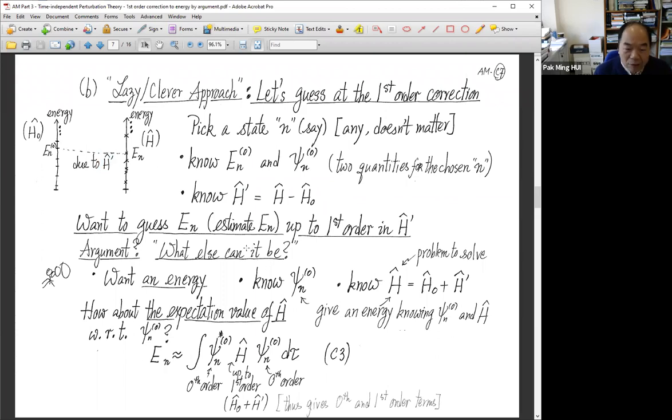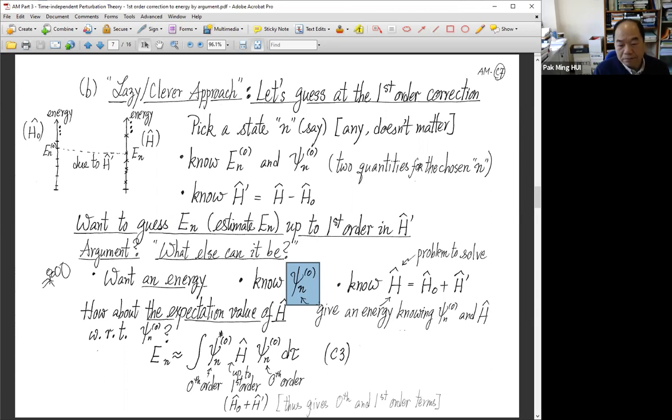Let's say we are focusing on the nth eigenvalue, En, all right? En is an energy. What do we know? We know the zeroth order wave function phi n0. That is the known part, okay? For example, the 7th state of the infinite well, of course, you know, is sine 7 pi x over a, okay? Something like that.